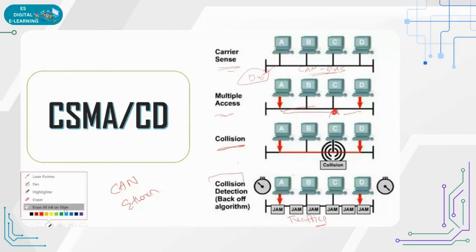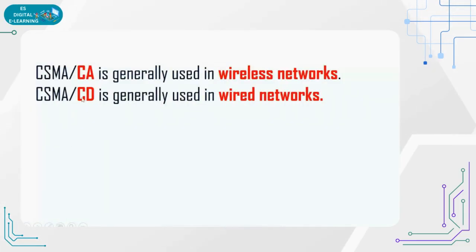The benefit is that CSMA CA is generally used in wireless networks. Remember, the wireless network is nothing but Ethernet. Ethernet is a protocol that we use for the CSMA CD method and the CA method, and CSMA CD is generally used in the wired network.